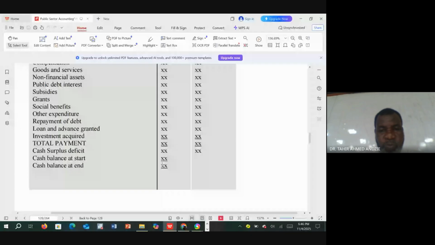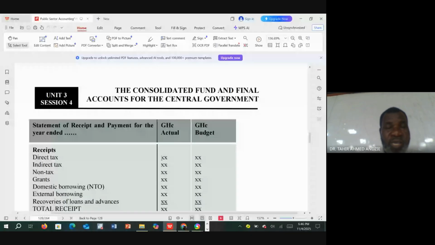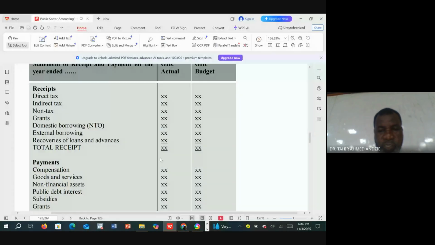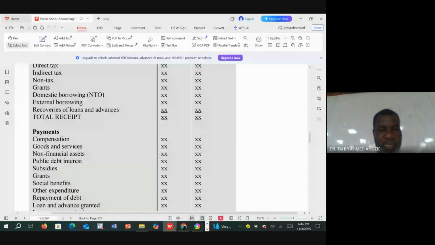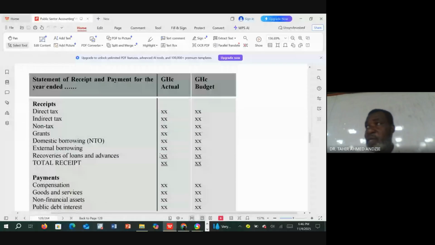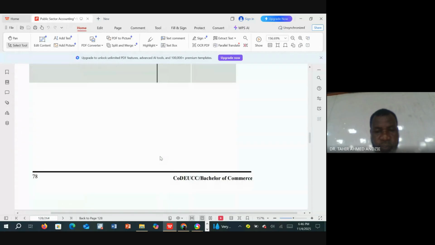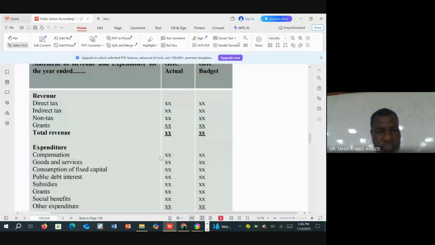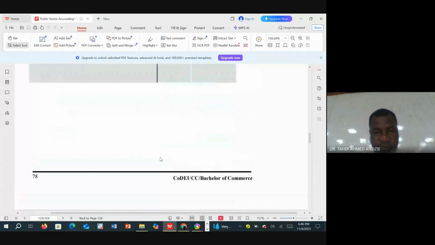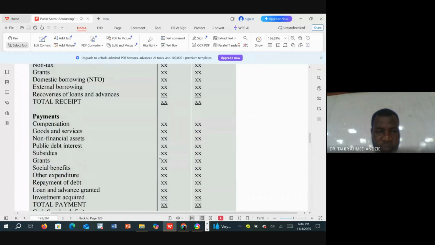But because it is public sector, we do that with actual and budget, because according to the International Public Sector Accounting Standard 24, we must prepare public sector accounts showing actual and budgeted, so as to compare and know what is happening. So this was the receipt and payment format we went through.